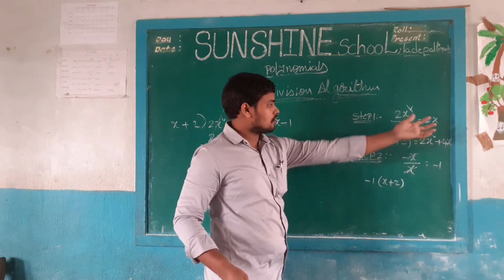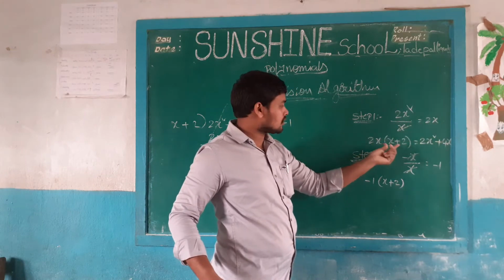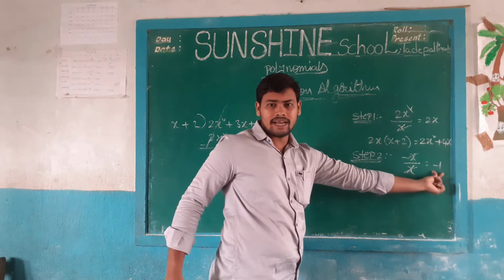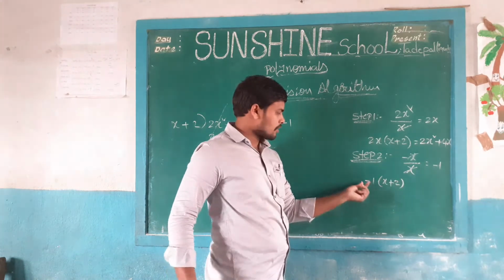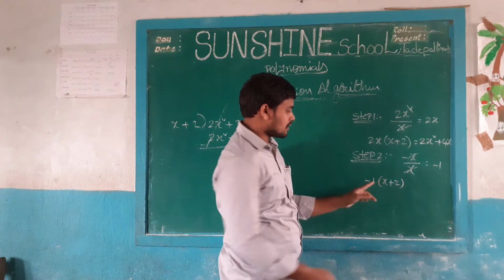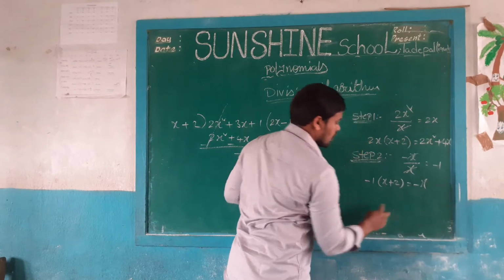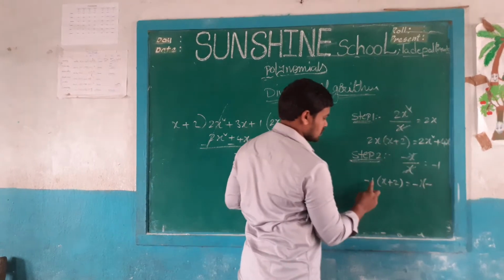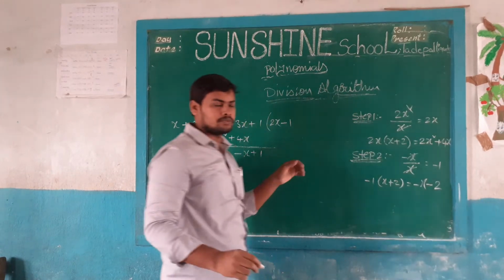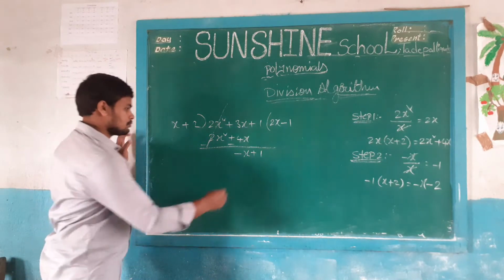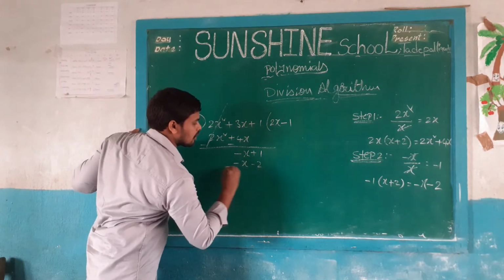So same process. 2x multiplied with g of x. In the similar way, here minus 1 multiplied with g of x. So minus 1 into x, minus 1 into 2. Minus x minus 2.